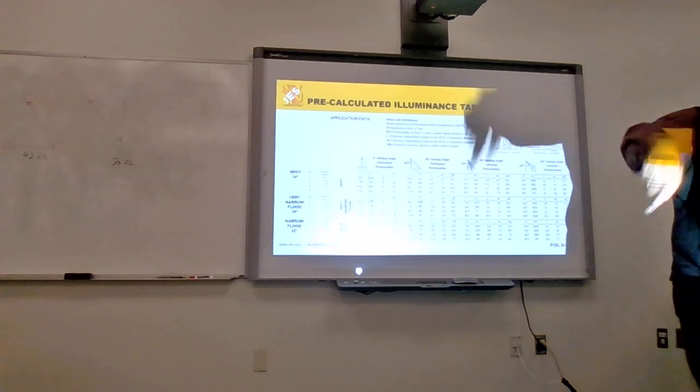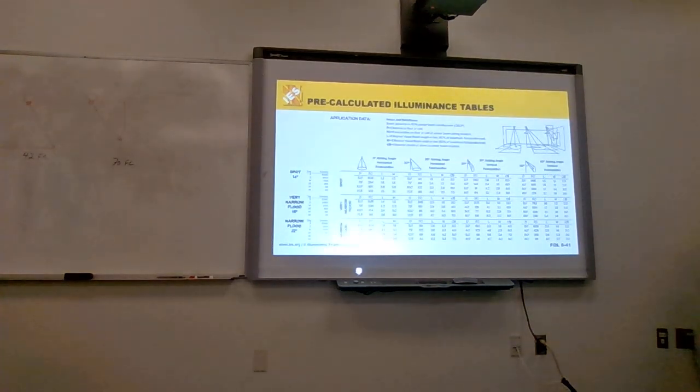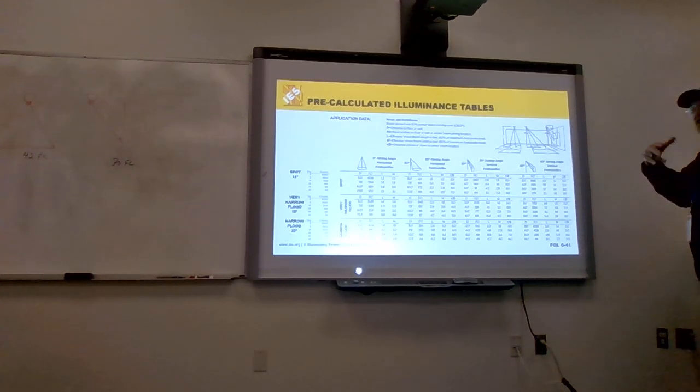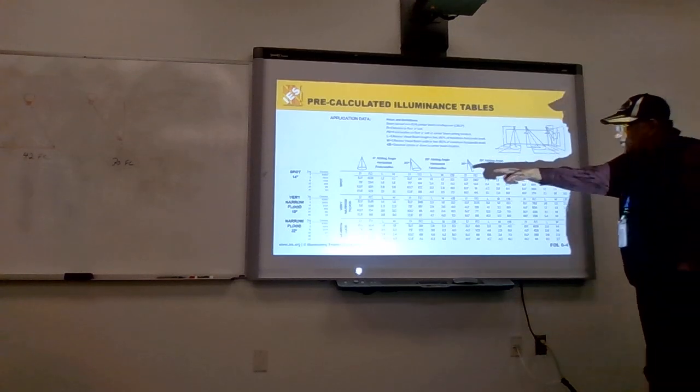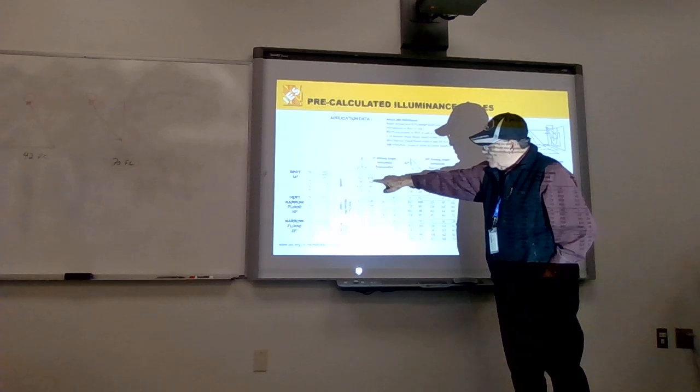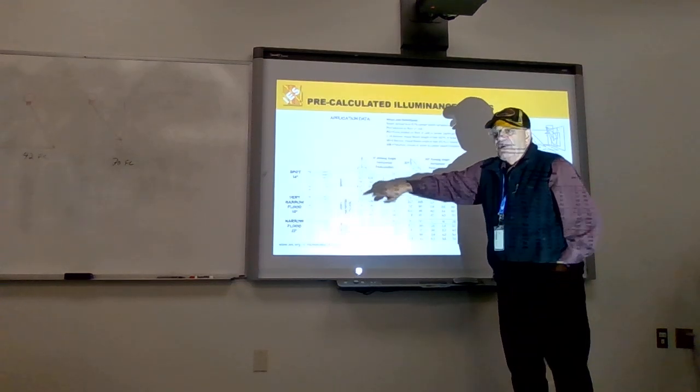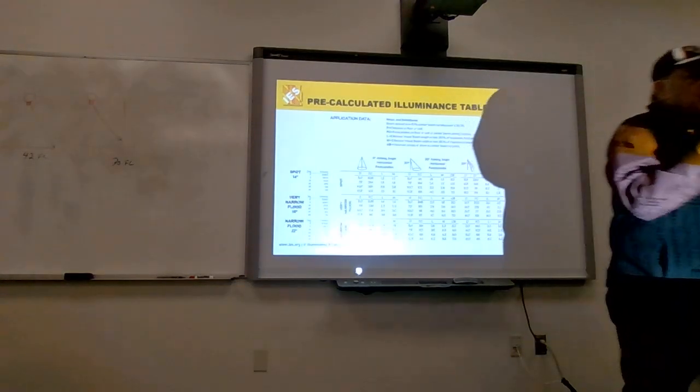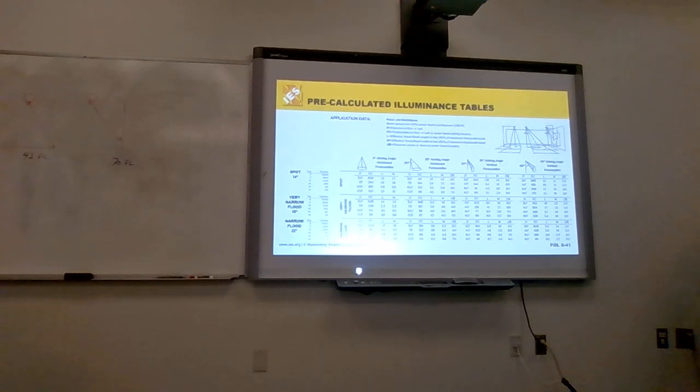That's the inverse square rule. As we get further away from the source, we square the distance, and we notice there's a dramatic effect. There's only 2.5 feet difference between here and here, but look at the drop-off. So the inverse square rule takes place in all of these calculations, by the way.